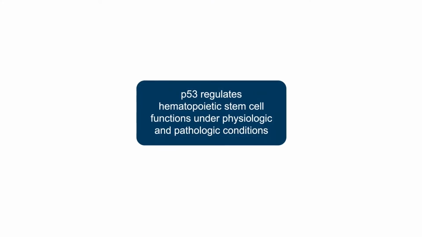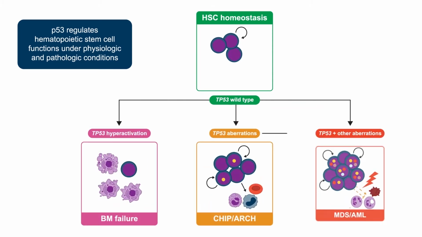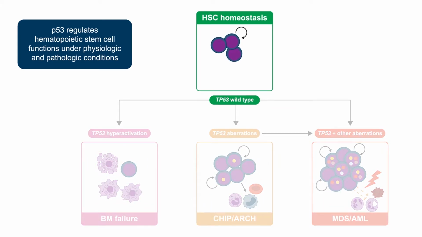We've known for many years that P53 regulates hematopoietic stem cell functions under both physiologic as well as pathologic conditions. You can see in normal hematopoietic stem cells, P53 acting as a regulator to sense stress and direct the cells to differentiate and to survive in a manner that avoids acquisition of mutations and acquisition of other genetic alterations that might lead to cancer.